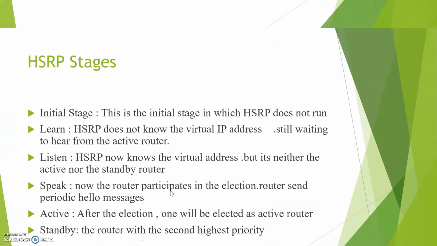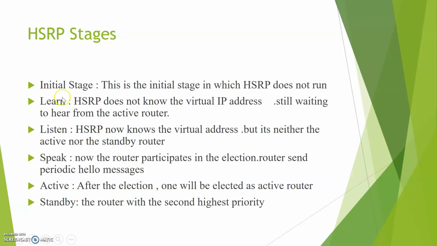And about the HSRP stages, this is the initial stage in which HSRP does not run. In the learning stage, the router does not know the virtual address, that is the VIP, but it is still waiting to hear from the active router. In the listening stage, it knows the virtual address, but it is still not elected as the active or the standby router. Speak is the actual communication stage in which both the active and the standby start sharing periodic hello messages.